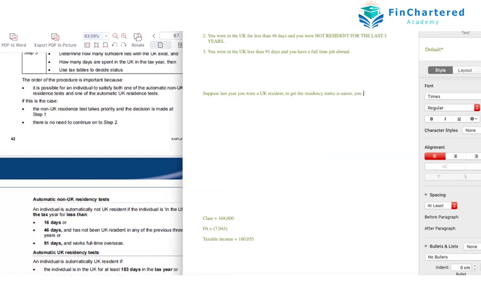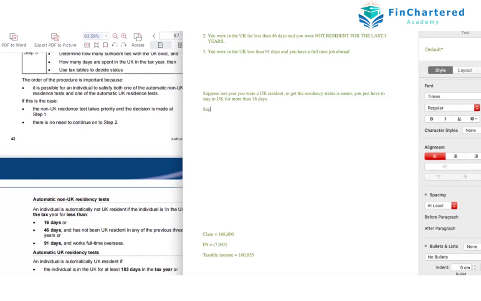You just have to stay in the UK for more than 16 days. But if for the last 3 years also you were not a resident, last year also we didn't see you, before that also we didn't see you, in that case, to qualify as a UK resident, you need to stay in the UK for longer because you don't have any relationship with the UK in the past 3 years at all.